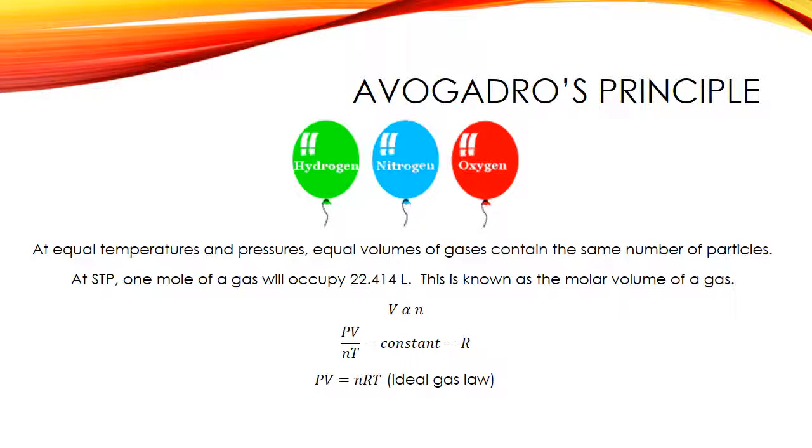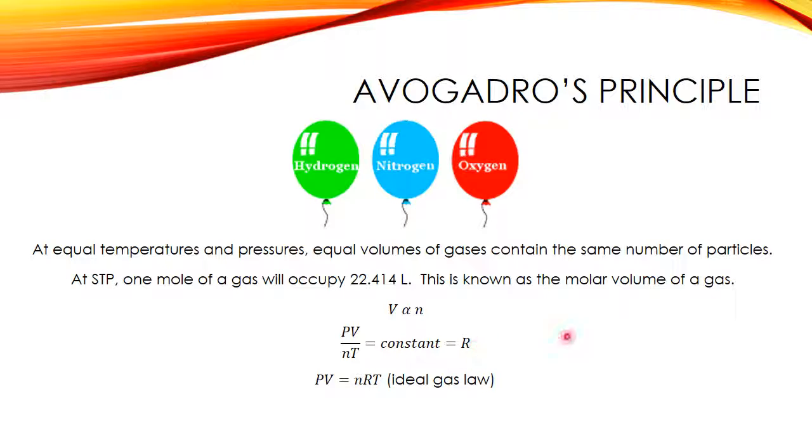If we solve this equation differently, essentially if we just multiply both sides by nT to get it out of the denominator, we get this equation, PV equals nRT, again where P is pressure, V is volume, n is the number of moles, T is temperature, and R is that gas constant.